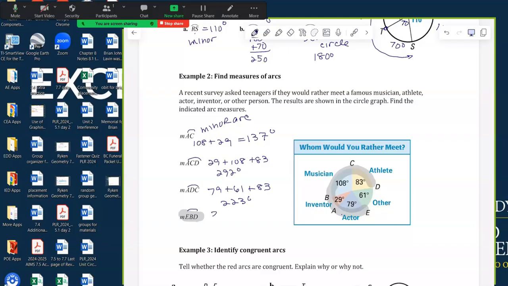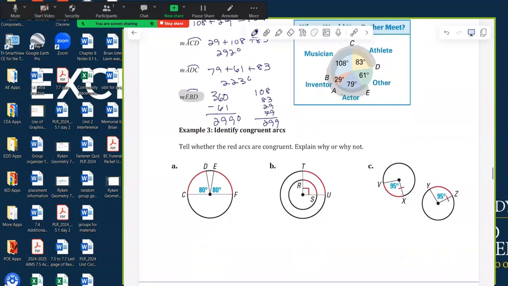Or I can say 360 minus 61 and get 299 very quickly. That is the easiest way. The other way would have been 108 plus 83 plus 29 plus 79, and you would still get 299, but it would take you a lot longer. Okay? All right, example 3.